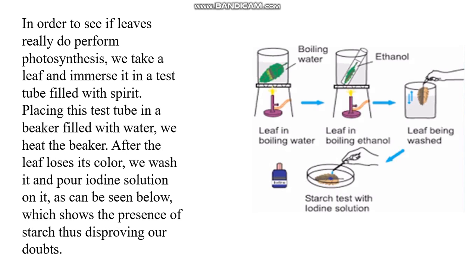After the leaf loses its color, wash it and pour iodine solution on it, as you can see in the picture, which shows the presence of starch. So this experiment shows that leaves are involved in the preparation of food by the process of photosynthesis.